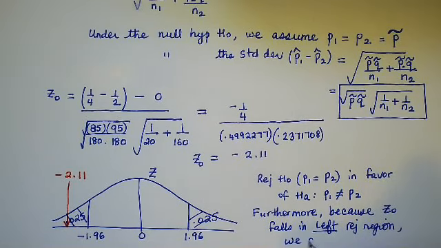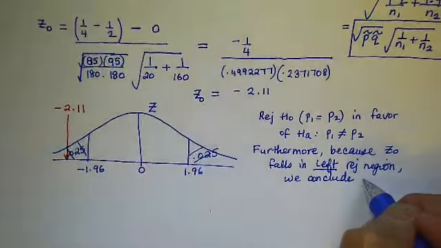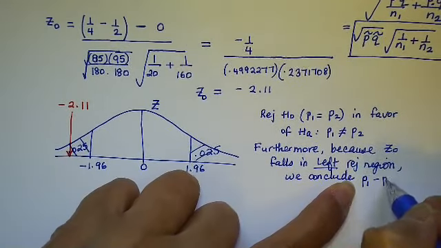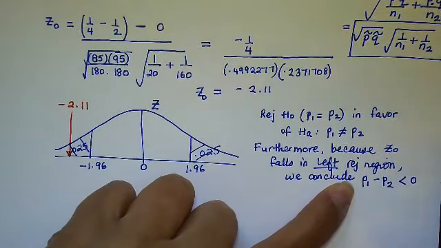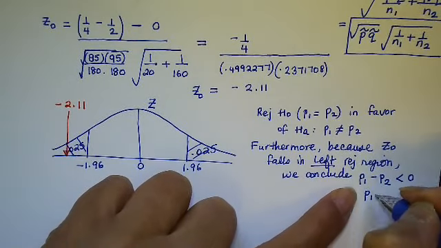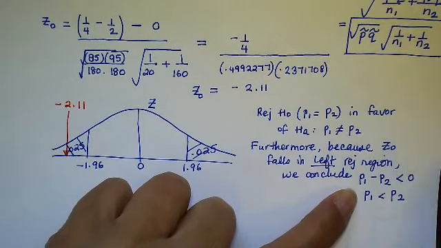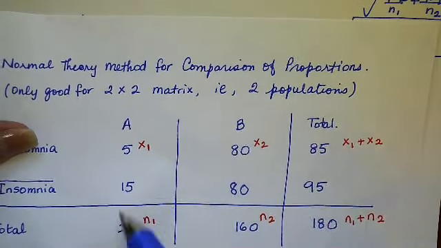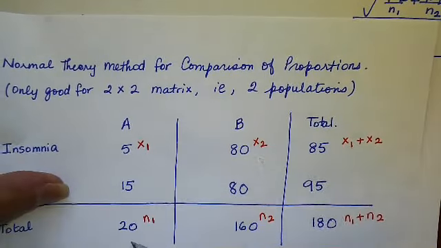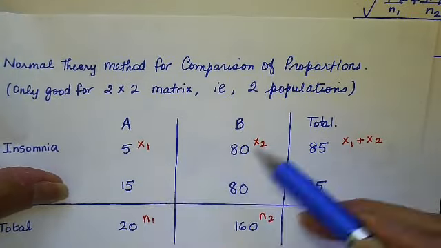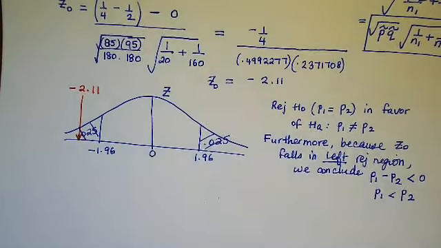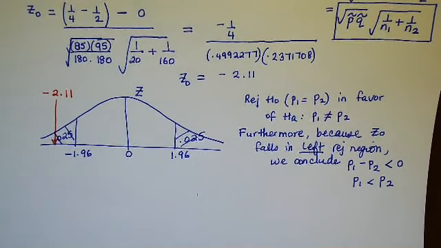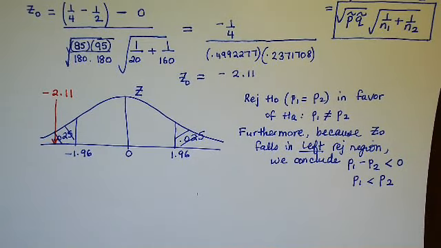because Z0 falls in the left rejection region, we conclude that P1 minus P2 is less than 0, otherwise written as P1 less than P2, which we kind of saw because this P1 here was 1/4 and P2 was 1/2.